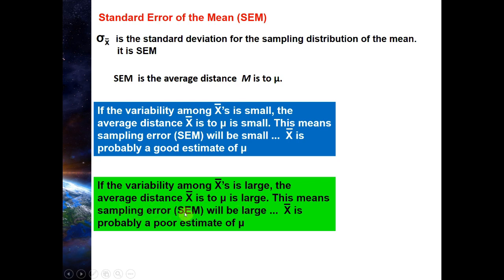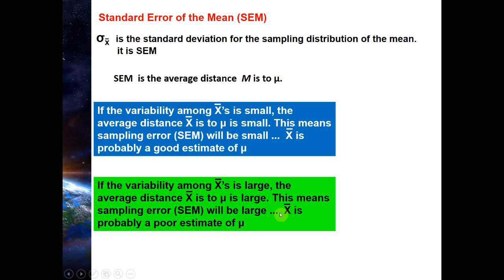This means that your sampling error measured by SEM will be large. All right, the standard deviation of the sampling distribution, because this is what it is, will be very large. Large standard deviations mean that x bar is probably a poor estimate of mu.